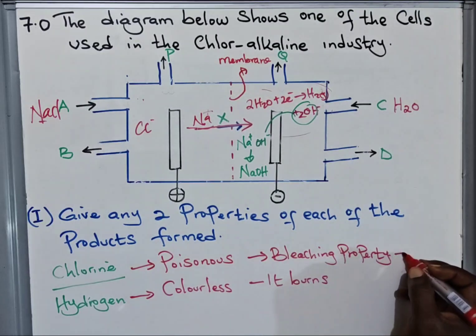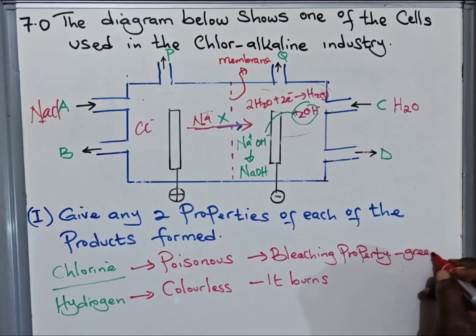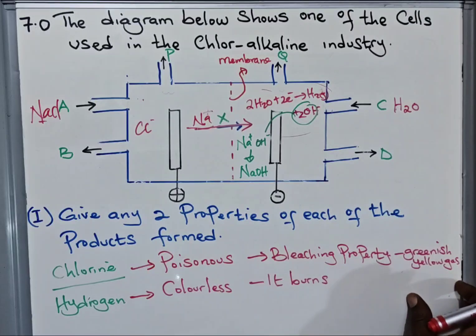Here we have to know also that chlorine is a greenish yellow gas. Actually, sometimes we use this property for its identification.